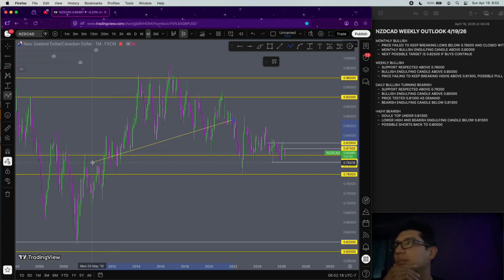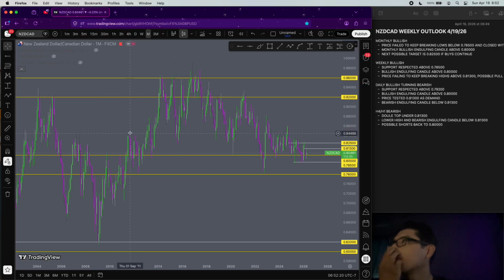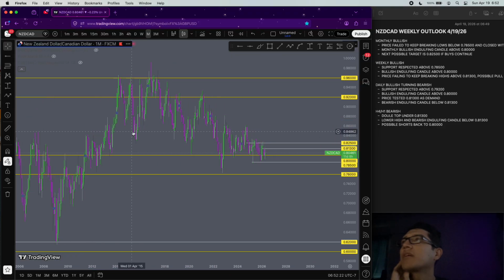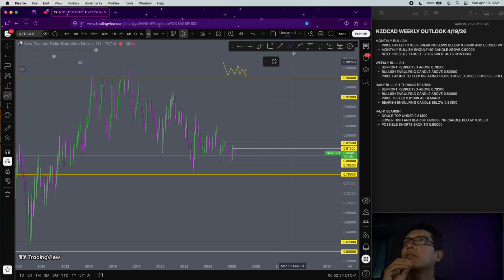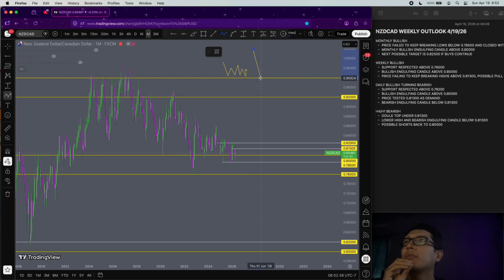Demand and support, the same thing, right? There is a big difference though between demand and support. Support is more like this. This is your support, right? Area of supply is kind of more like this, even though it's still technically the same.